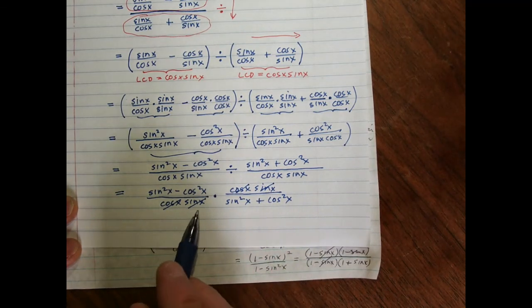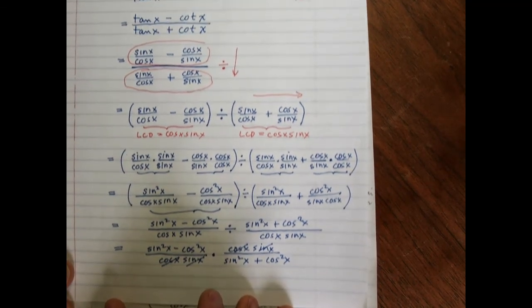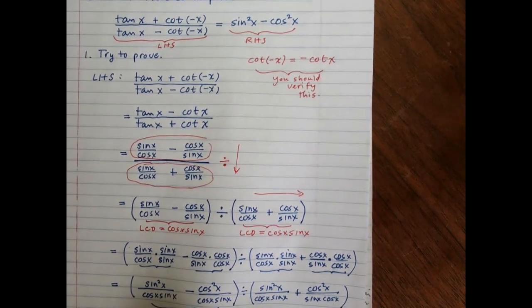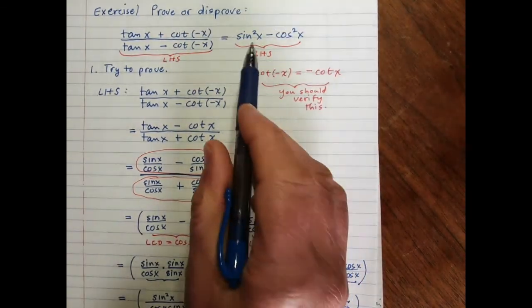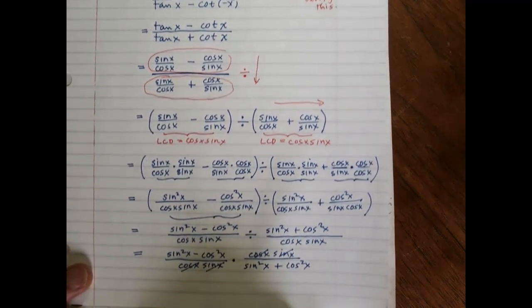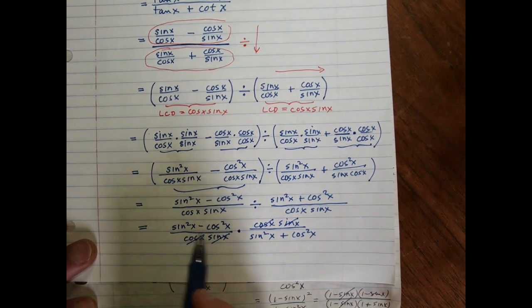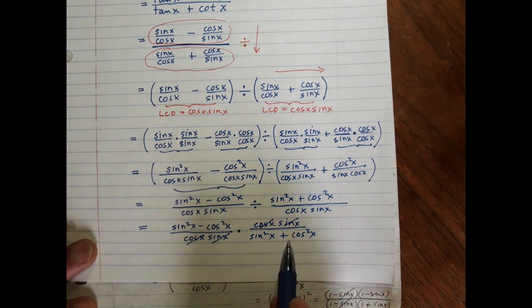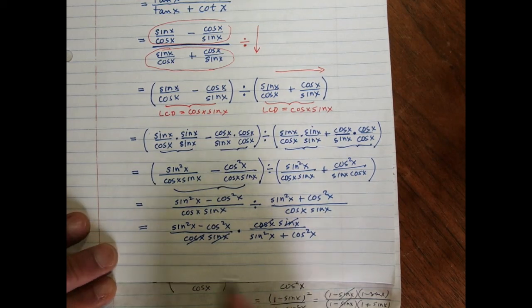But let's not forget where we were trying to get to here. Back in our original problem, we were trying to get to sine squared minus cosine squared. Well, I can see that sine squared minus cosine squared in the numerator right here, right? But then what about this sine squared plus cosine squared? Well, from our most famous trig identity, the Pythagorean identity, for any x at all, sine squared x plus cosine squared x is always equal to 1.